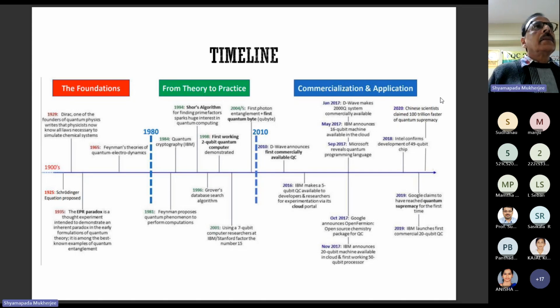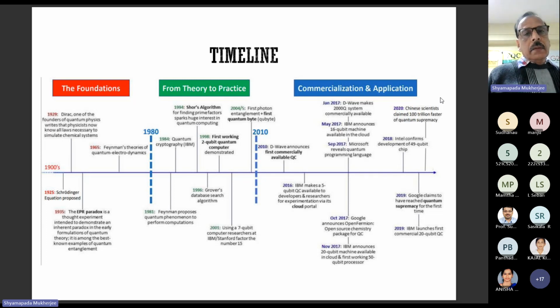Then, if you can observe, this is a timeline of the development of quantum computers. Initially, the physicists gave all these ideas. Then algorithms were developed, like Shor's algorithm and Grover's algorithm.